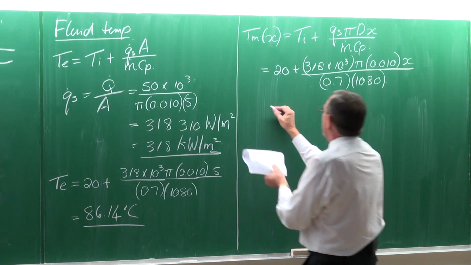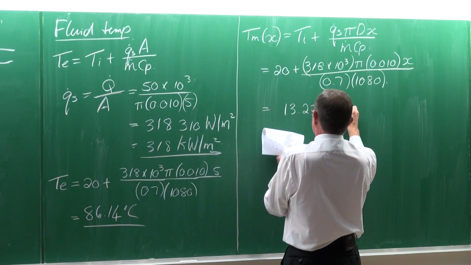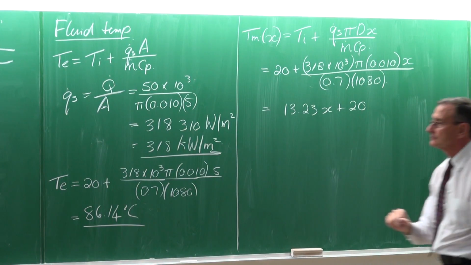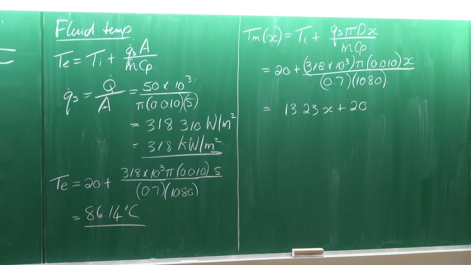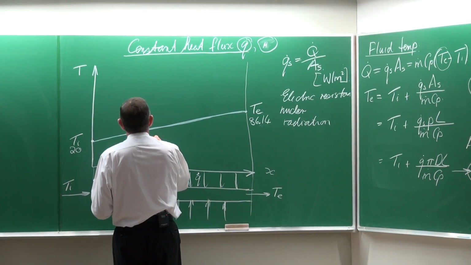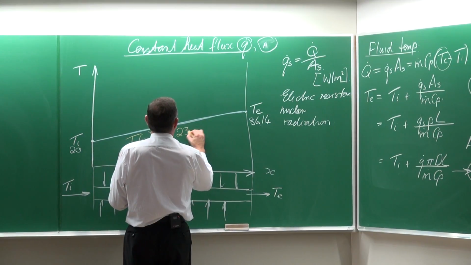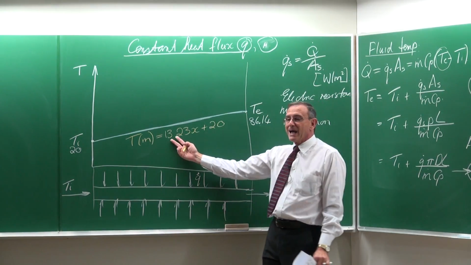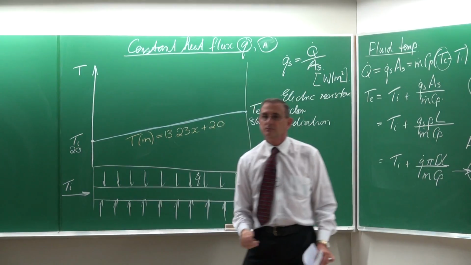And we can write it as a general equation as 13.23 times x plus 20. So there's the gradient of the line, and that is the intercept, which is 20. Very simple.